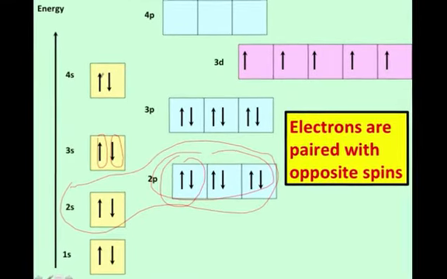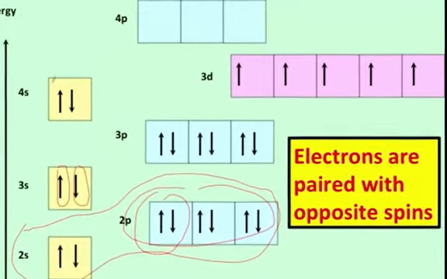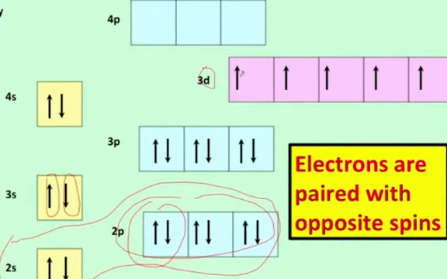But when we've got to here, and don't worry about why I've filled this up yet before the 3d, when we've got to the 3d subshell, I'm filling each orbital with 1 electron before I start to pair them up.